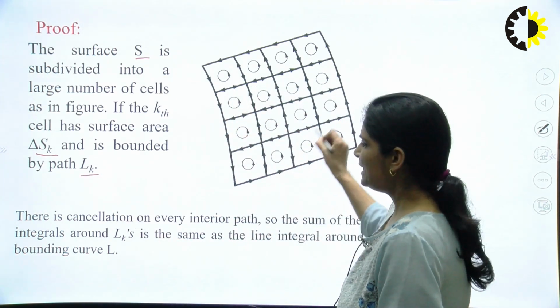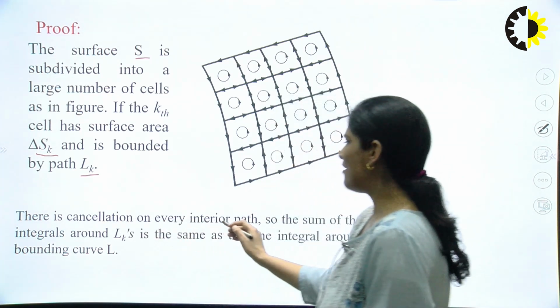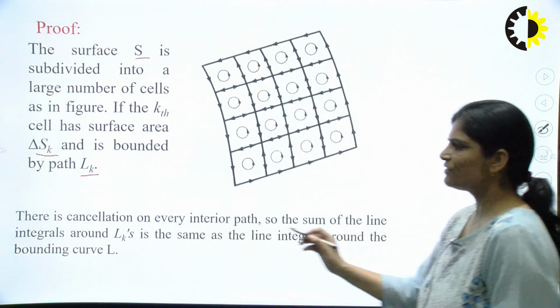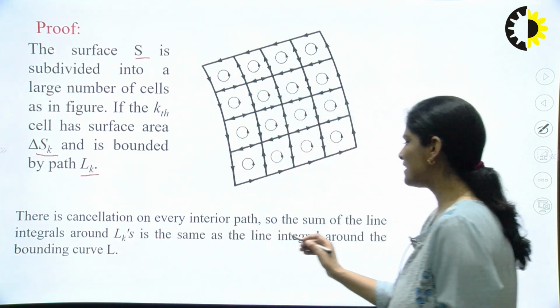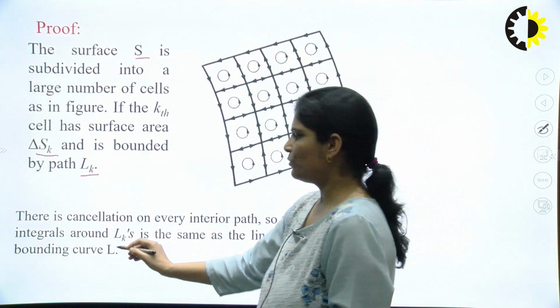So in the interior part there is a cancellation on every interior path, so that the sum of the line integrals around the Lk's is the same as the line integral around the bounded curve L.